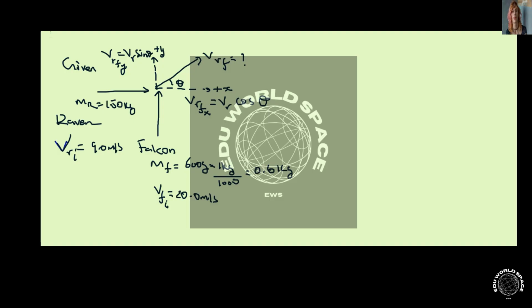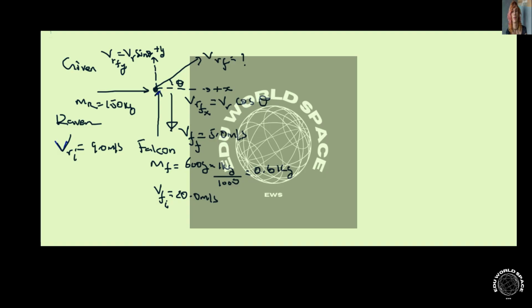That's the information we're given. We have the masses and the velocities. When they collide, the falcon is going to bounce back with a final velocity of 5 meters per second.